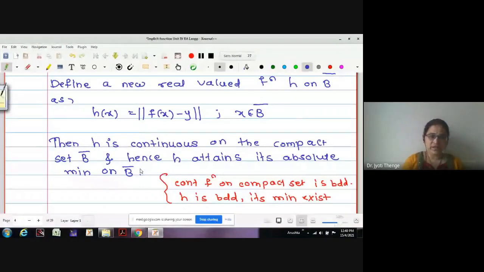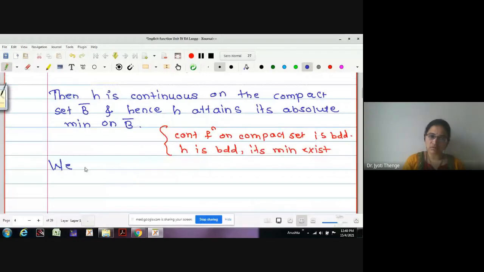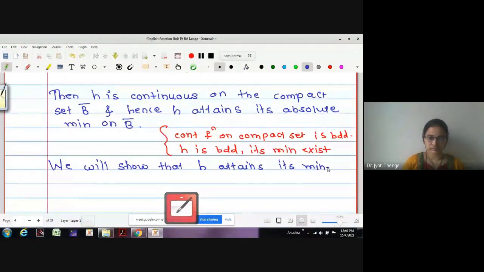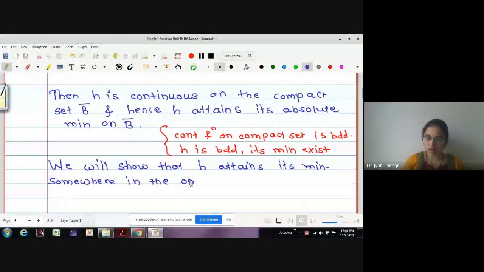Here the job is to show that h attains its minimum somewhere in the open ball B of A comma R, that is, not on its boundary.